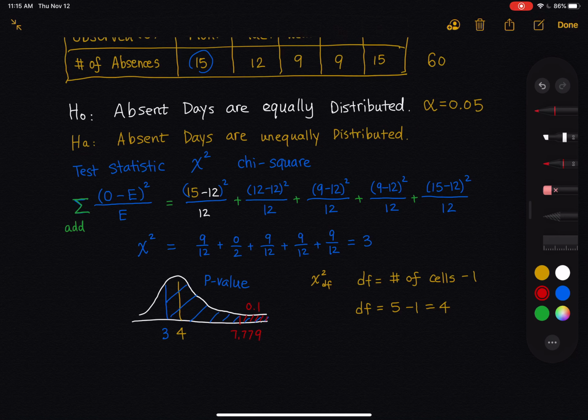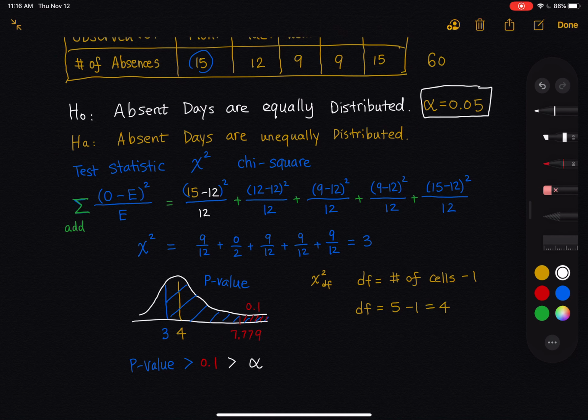But now we have 3. Obviously, this p-value, the area of the blue, is greater than the area of the red, 0.1. And moreover, 0.1 is 10%. So it's greater than the alpha, which is 0.05 right here.